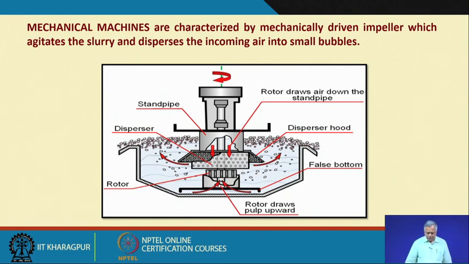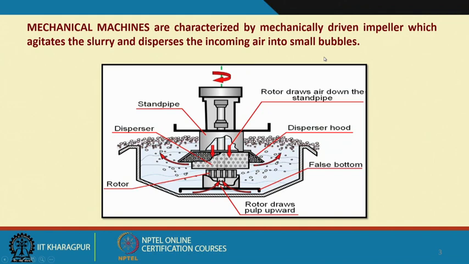Mechanical machines are characterized by a mechanically driven impeller, which agitates the slurry and disperses the incoming air into small bubbles. That means, in these mechanical machines, you have got an impeller that rotates, and because of the rotation the slurry gets agitated.